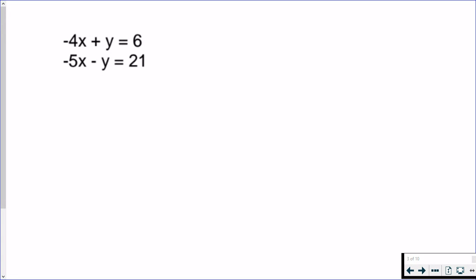So I notice in the first one that I have a positive y with the negative 4x. So if I were to move the negative 4x over to the other side, that would get me y by itself.